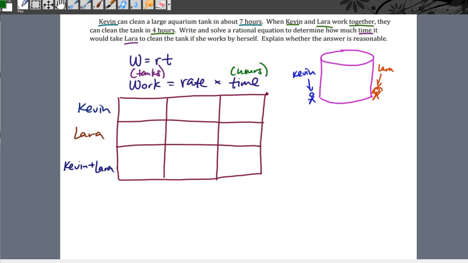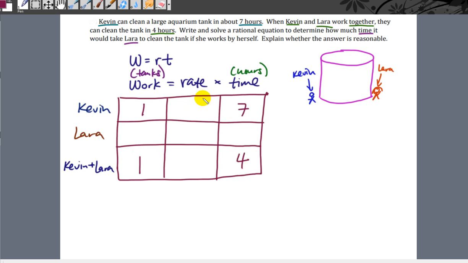Okay, so let's try to reason through it. It says Kevin can clean a large aquarium tank, so one tank, in about 7 hours. When Kevin and Lara work together, they can clean one tank in 4 hours.